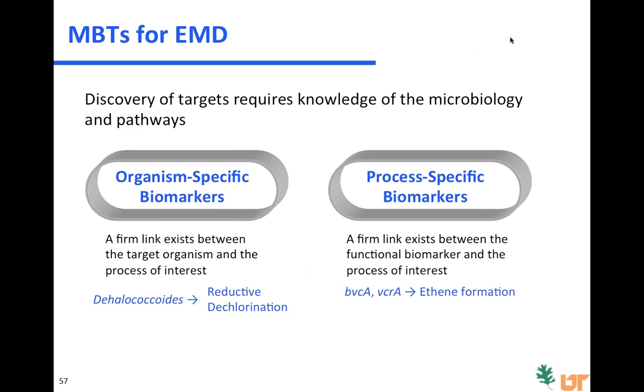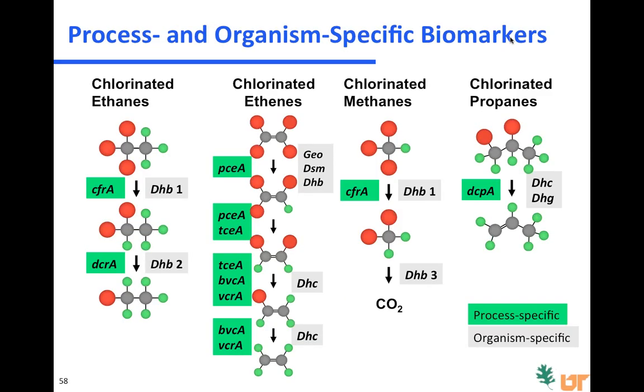On the next slide, lots of colors. Different compounds: chlorinated ethanes, chlorinated ethenes, chlorinated methanes, chlorinated propanes. In gray are organism-specific biomarkers that are available. And in green are process-specific biomarkers that target reductive dehalogenases involved in these different dechlorination steps.